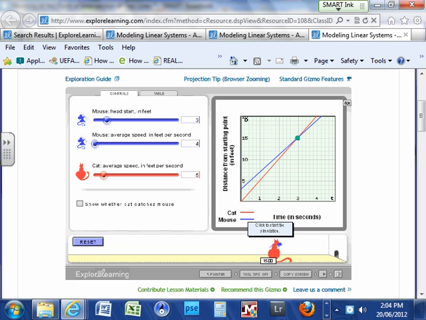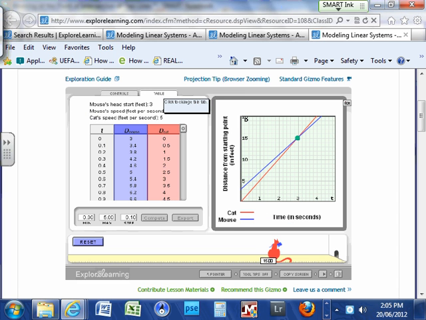That means that the mouse is being caught by the cat, and that also means that both objects, mouse and cat, are at the same position. And at the same time. At the same time.